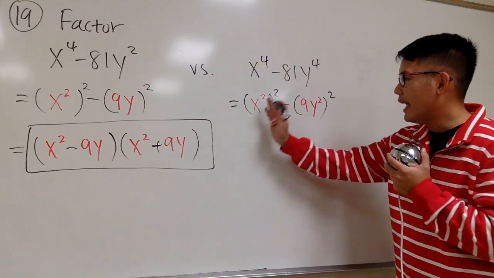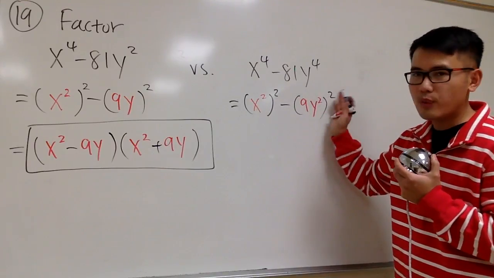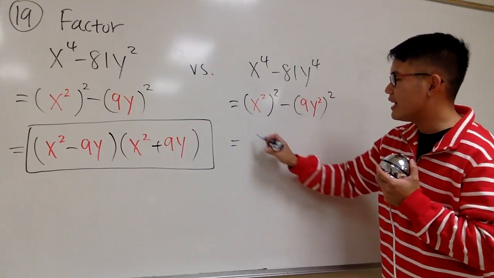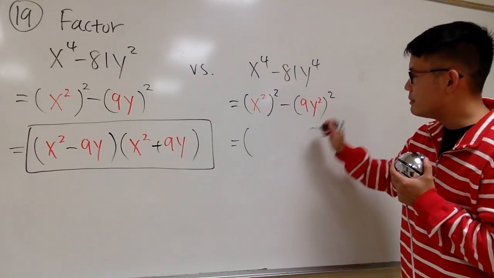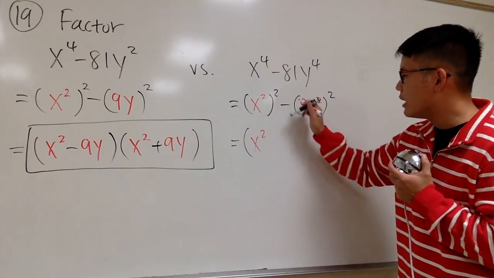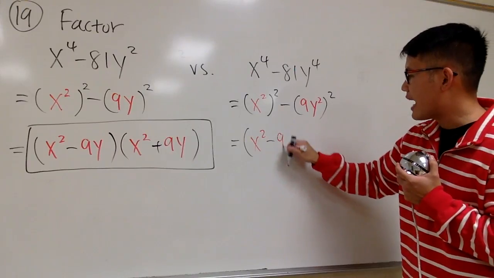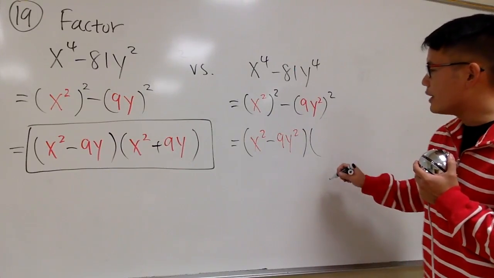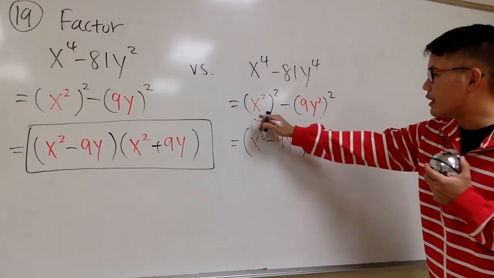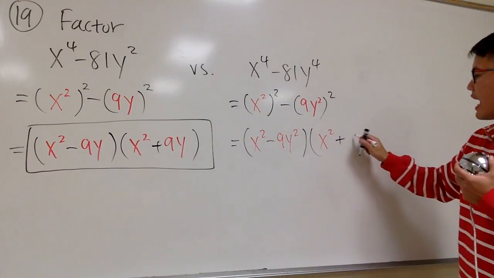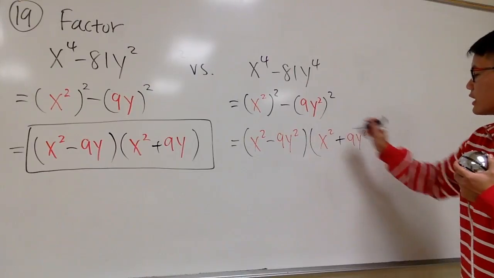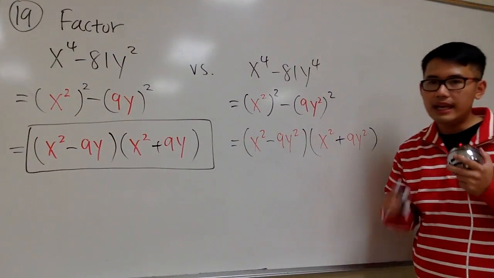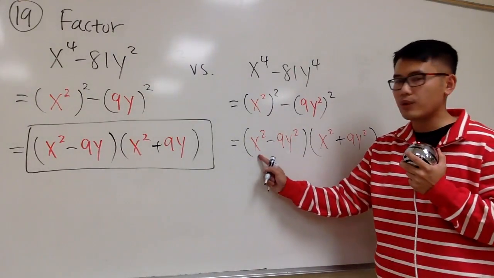Same thing though, a squared minus b squared. So I can factor this as a minus b, which is this, x squared, minus this is 9y squared, okay? And then the other one is going to be x squared plus 9y squared.